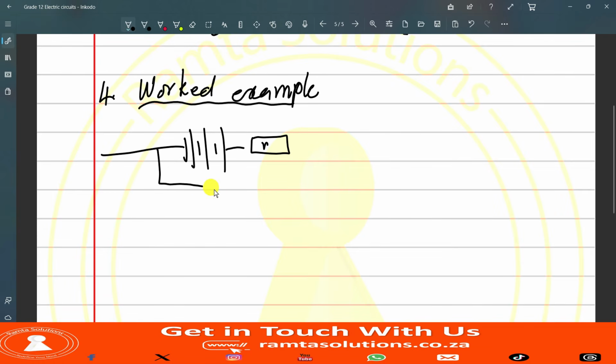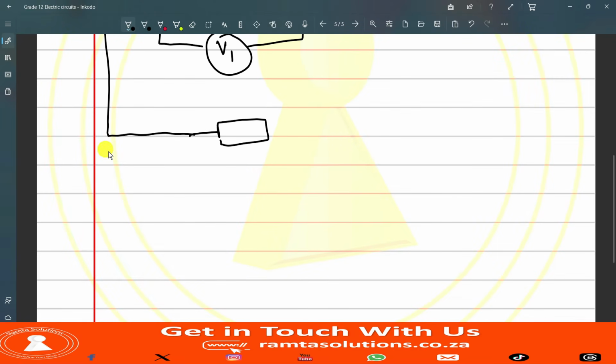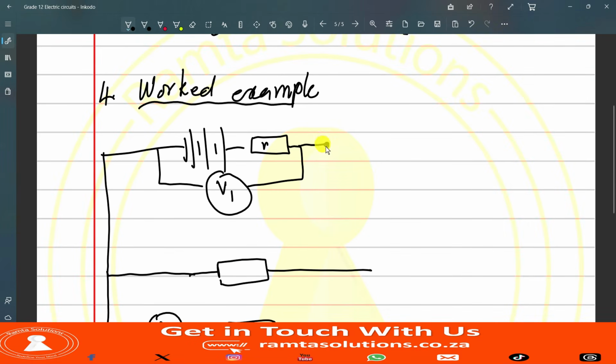Here we have the internal resistor, and here we have the voltage. I also want to add an ammeter, another resistor, and a switch, which we label S, and then another resistor.